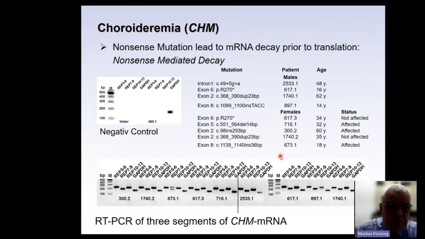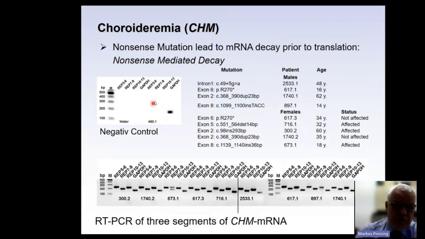And what you can see here in a very simple RT-PCR assay is that each choroideremia mutation produces a gene product. Only large deletions affecting the whole gene do not provide a gene product in the choroideremia gene.